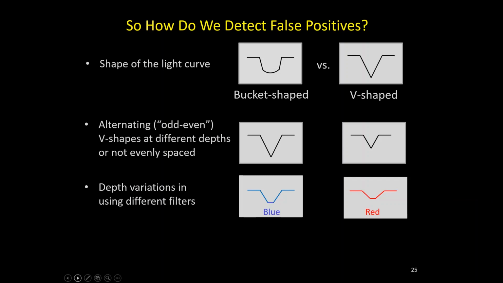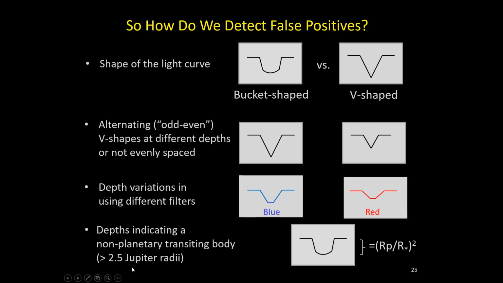So all of these things are ones that we amateur astronomers can do fairly easily to help make that distinction. Next. And finally, just the depth itself. If the depth is over a certain amount, which indicates that the radius is more than 2.5 times the radius of Jupiter, then more than likely it's not an exoplanet. It's probably an eclipsing binary. Next.